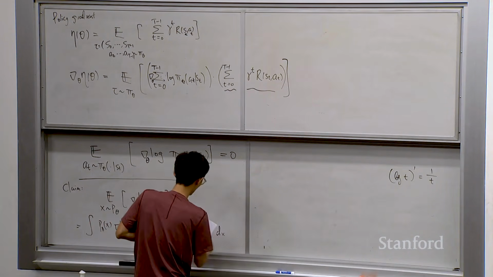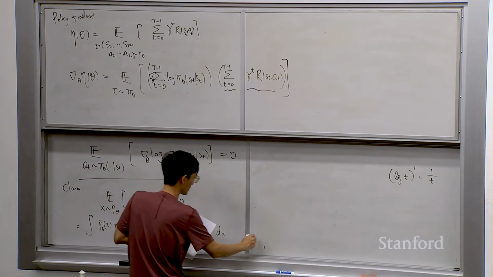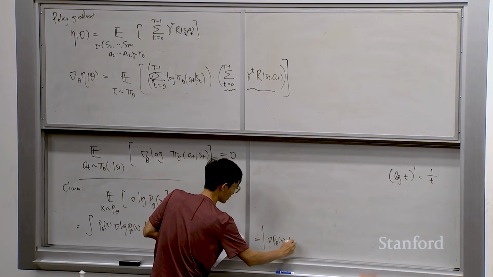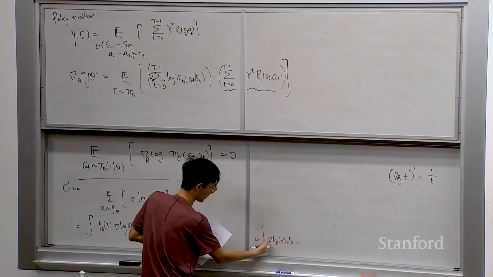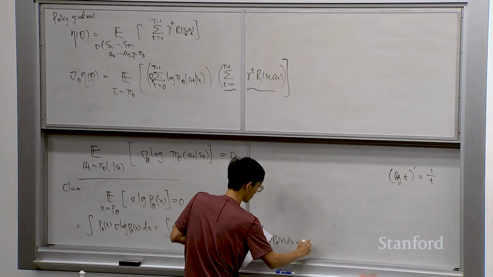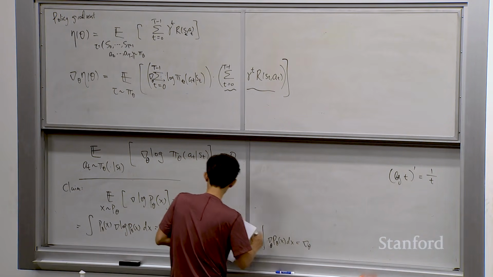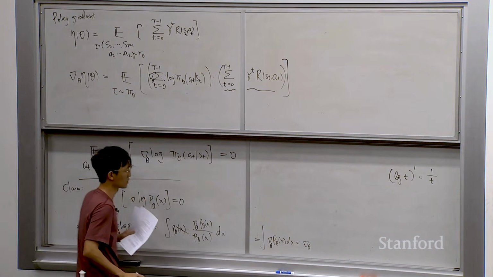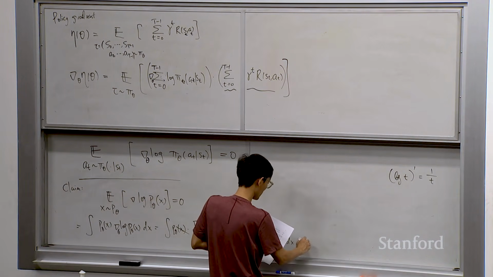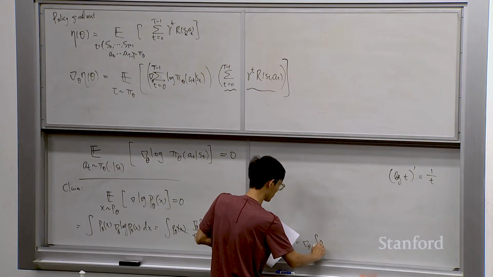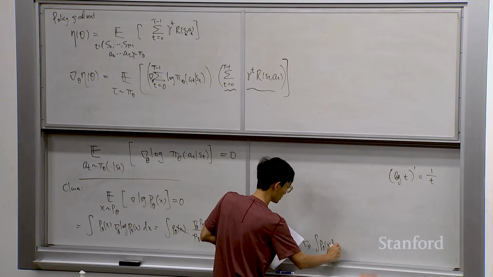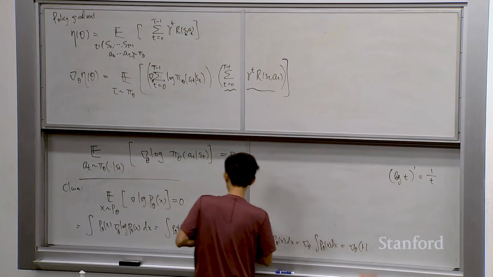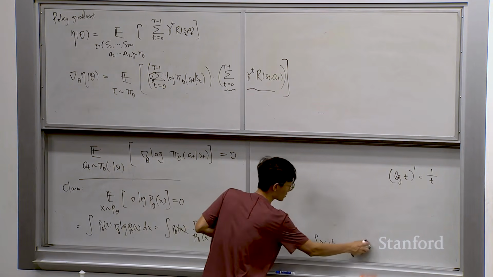These two terms get cancelled, so you get the integral of the gradient of p_theta(x) dx. You can swap the integration with the gradient. Let's stress that every derivative is with respect to the parameter theta. So it's nabla_theta of the integral of p_theta(x) dx, which equals nabla_theta of 1, because the integral of a probability distribution is always 1.